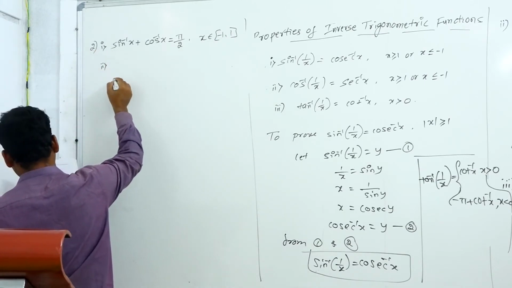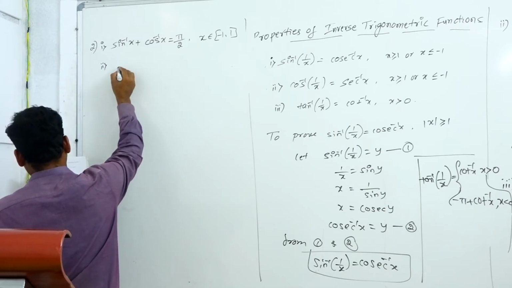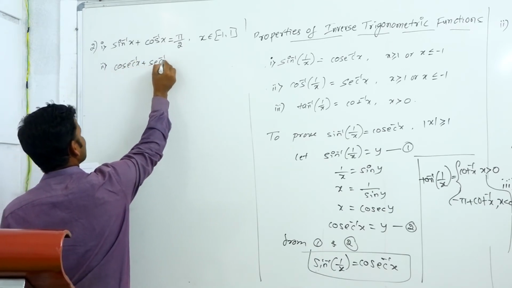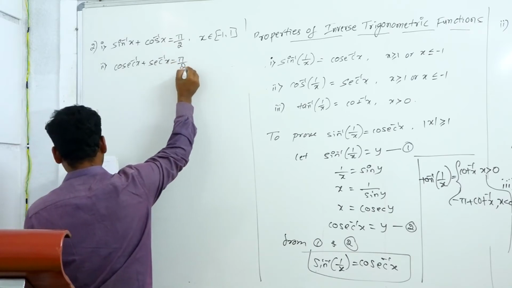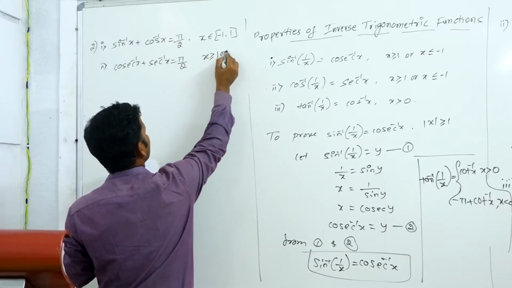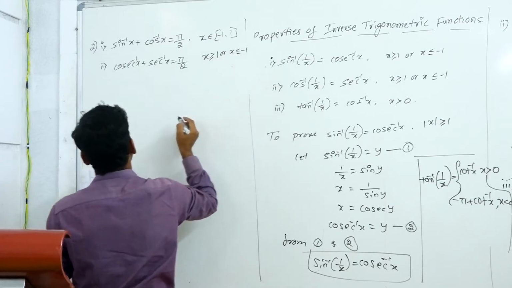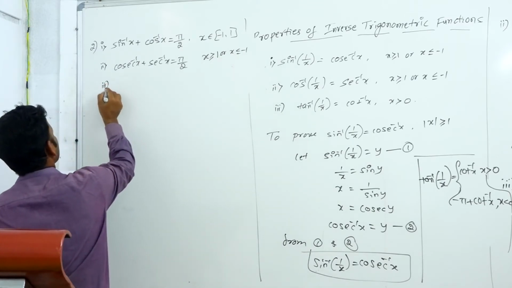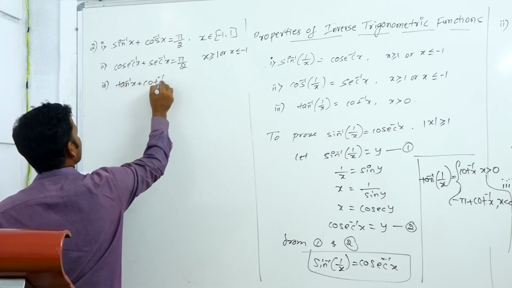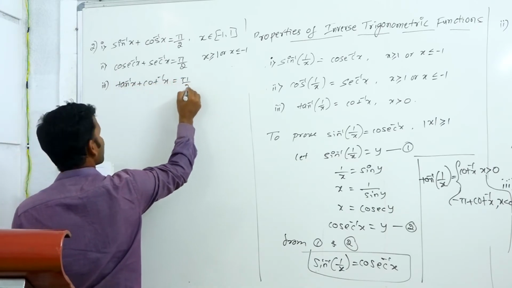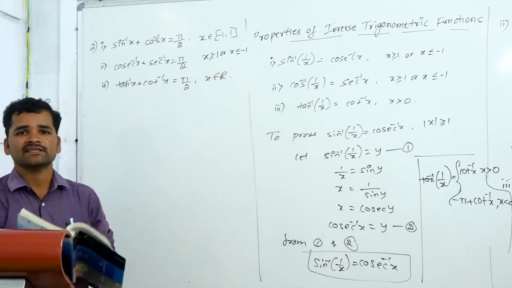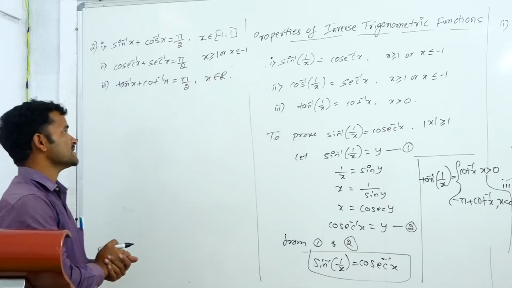And this is second one, cosecant inverse of x plus secant inverse of x is equal to pi by 2 for x greater than or equal to 1 or x less than or equal to minus 1. Third one, tan inverse of x plus cot inverse of x is equal to pi by 2 for all x belongs to real numbers.